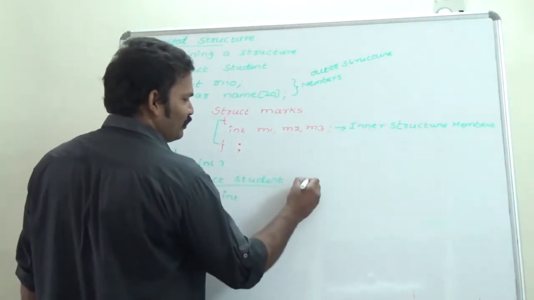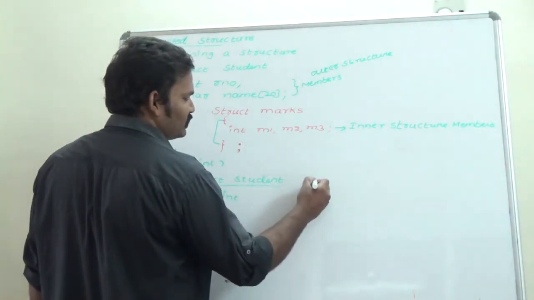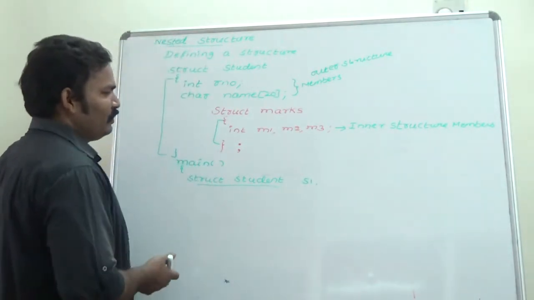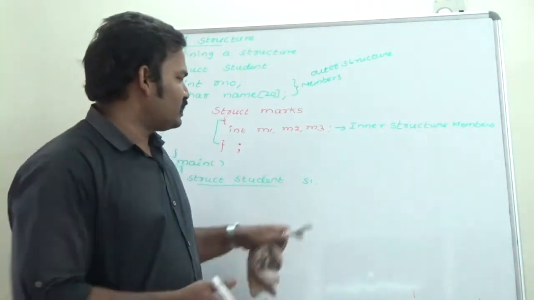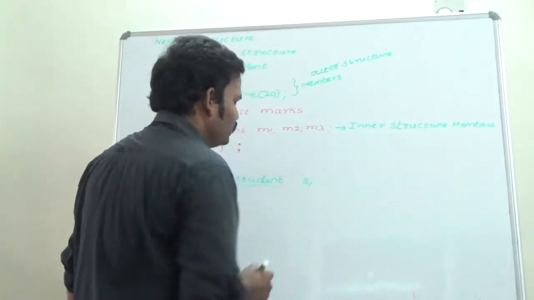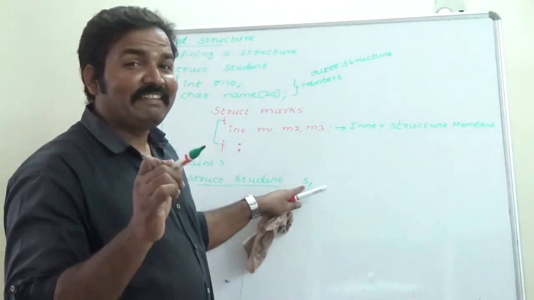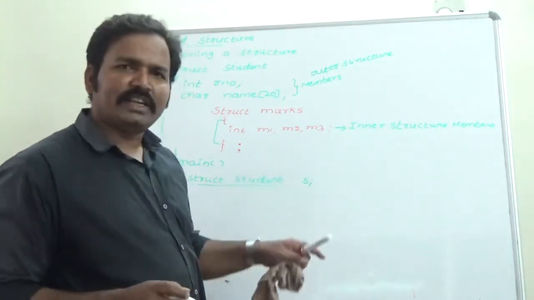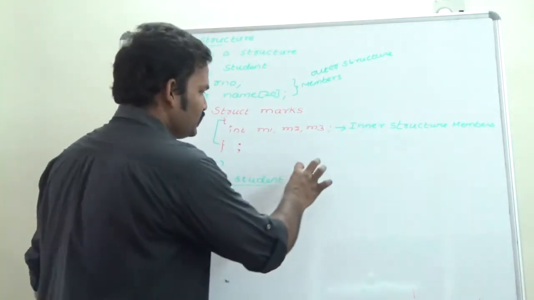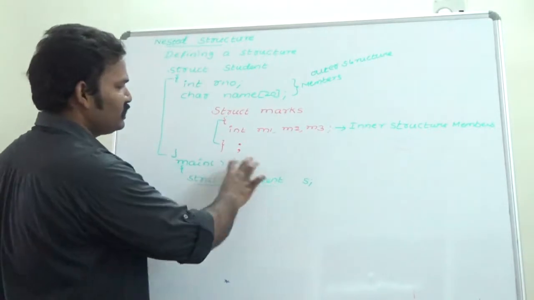Next the variable name, S, S1 or anything. Okay, I am taking S. So the S variable is declared as struct student type.